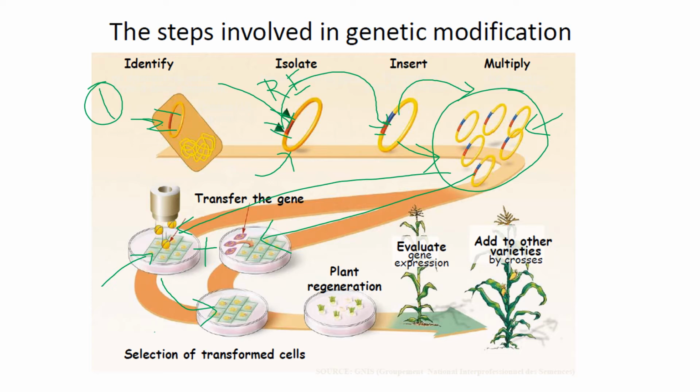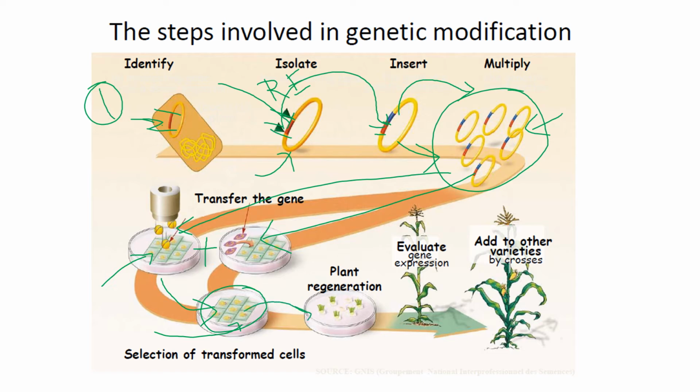Then for that we have to select the plant cells with certain selective agents, like antibiotic resistance genes, or certain antibiotics or chemicals, used to select the specific cells which have taken up the DNA.